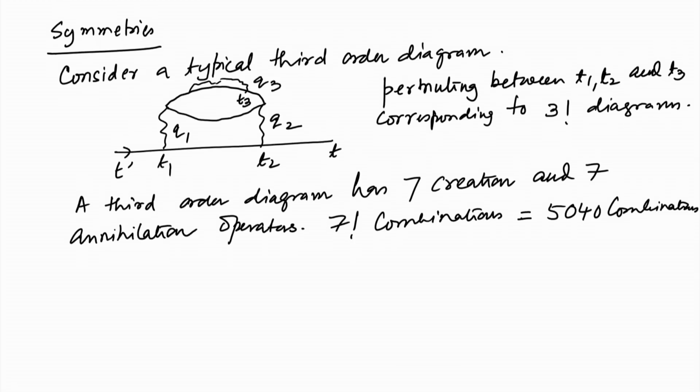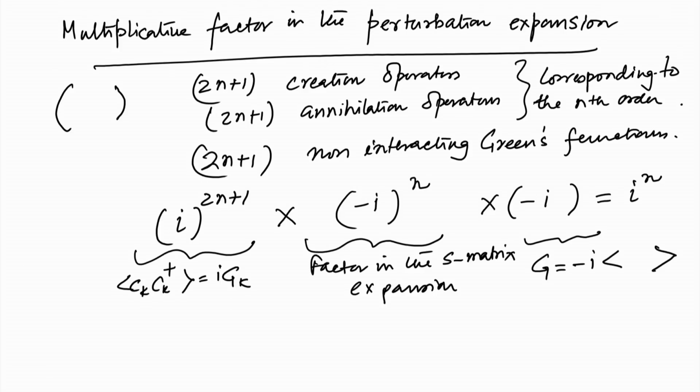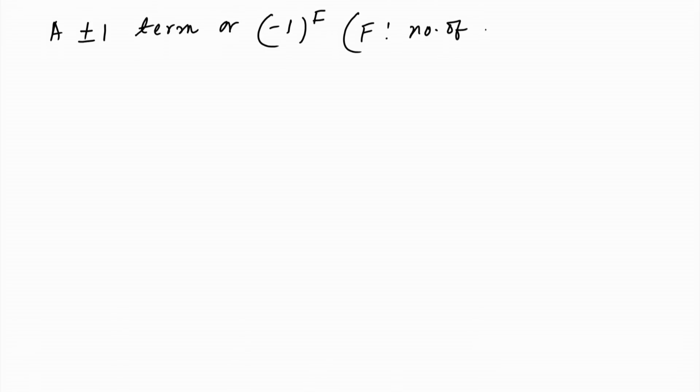There is another thing that comes in, that is a plus minus 1 term, or minus 1 whole to the power f, where f is the number of fermionic loops.